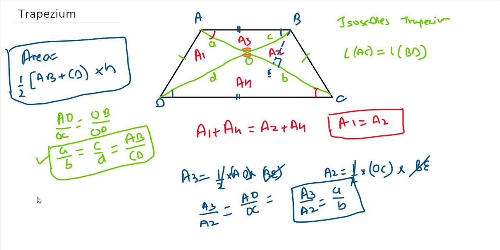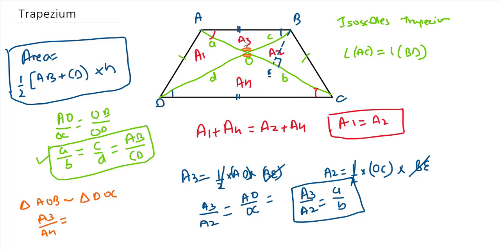So we conclude that triangle AOB is similar to triangle DOC. So for two similar triangles, the ratio of their areas, let's say A3 upon A4, will be given by the square of the ratio of the proportional sides.